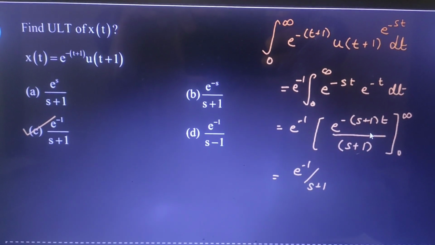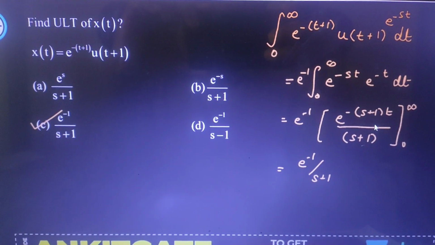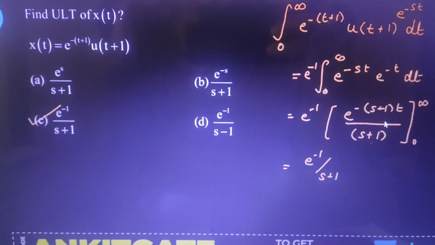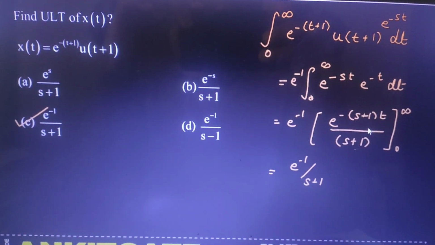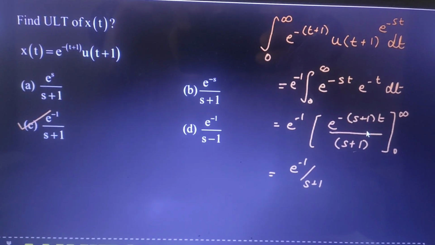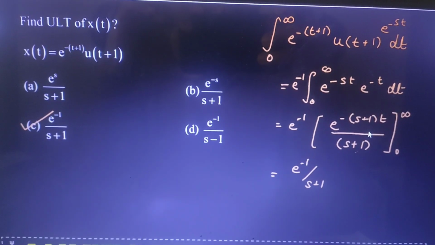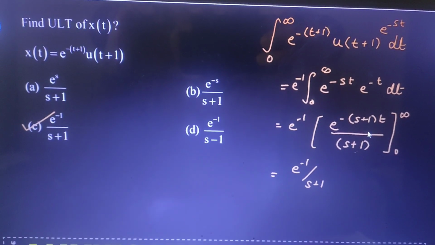Find the unilateral transform of x of t, where x of t is e power minus t plus 1 u of t plus 1. It is as u of t valid from 0 to infinity. You can write integration 0 to infinity x of t e power minus st dt.